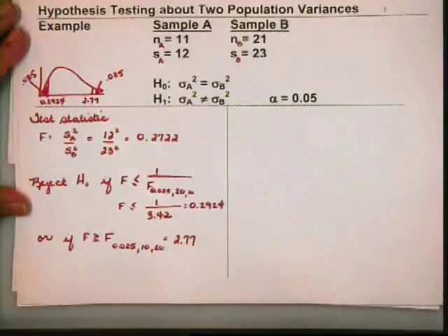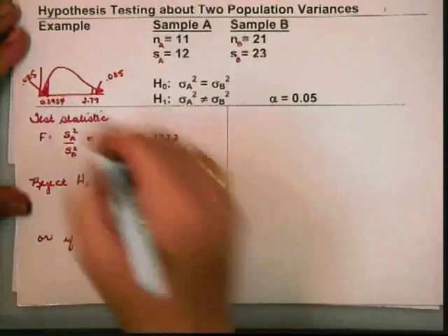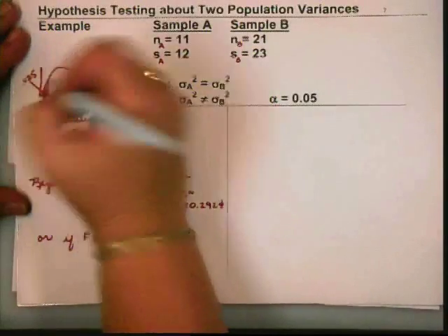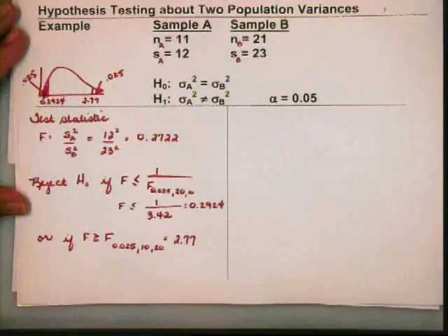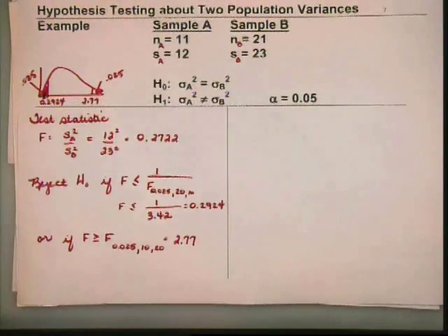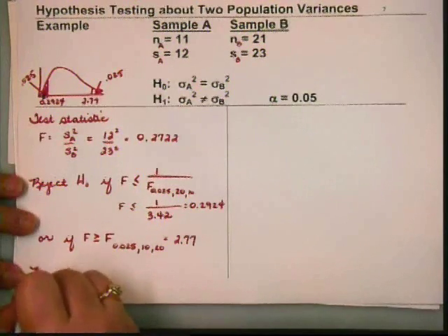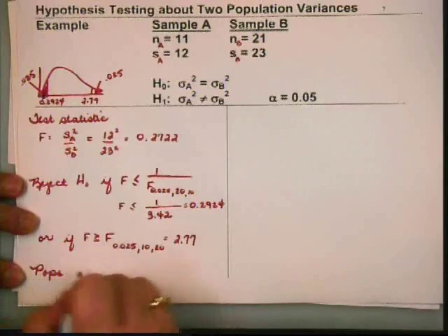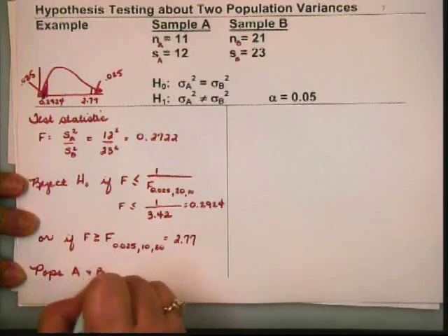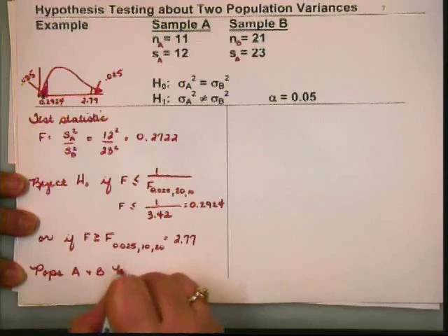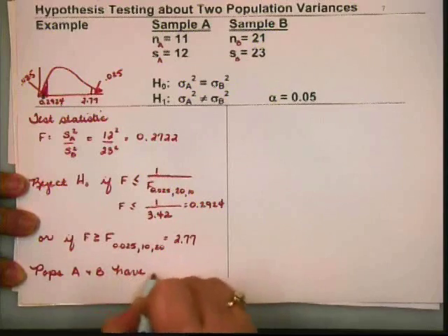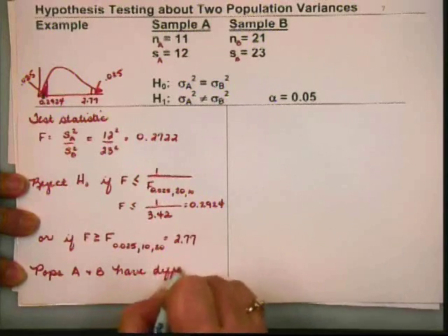And where we ended up is 0.2722. Agreed? So we would conclude that the two populations have different variances, right? Populations A and B have different variances.